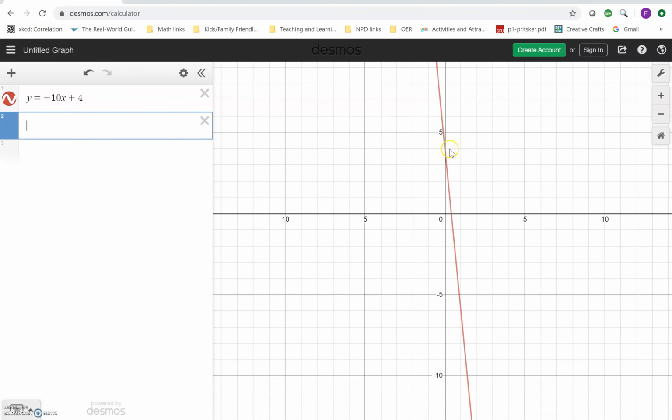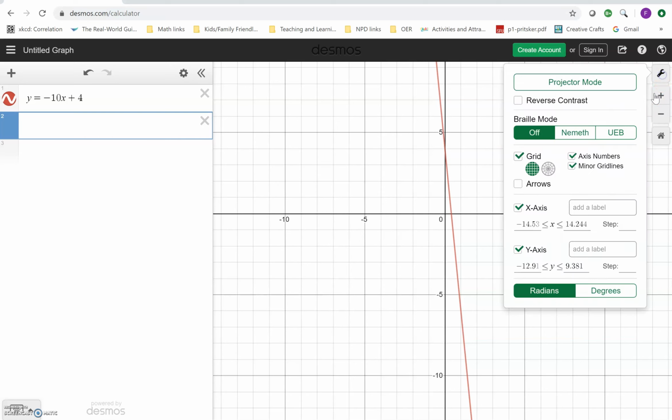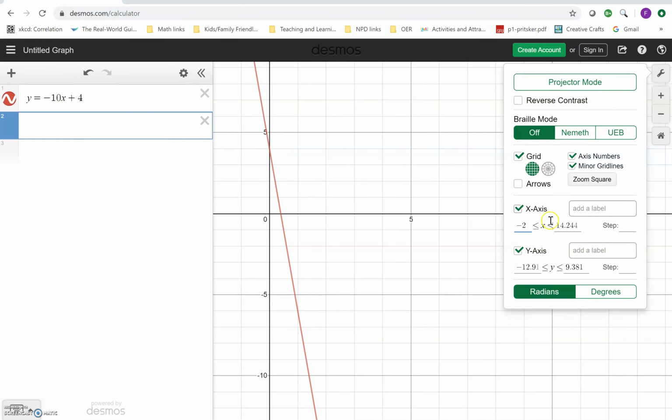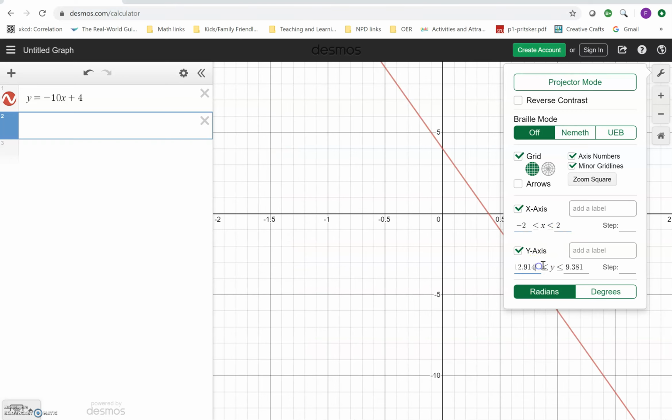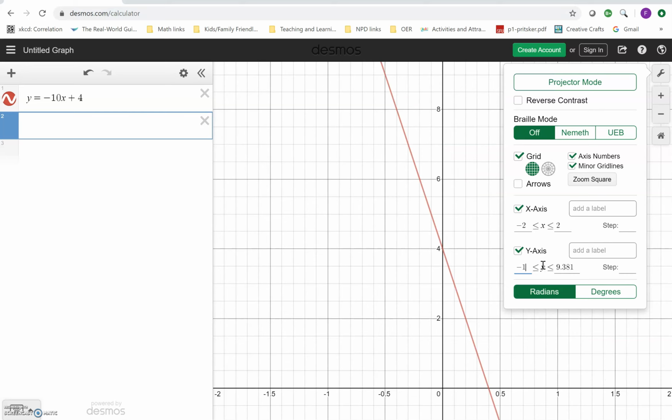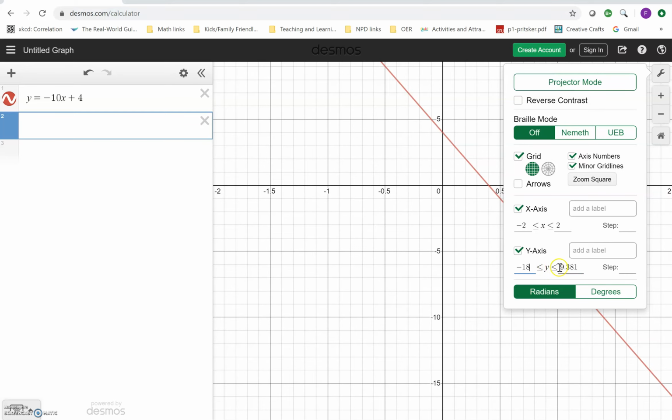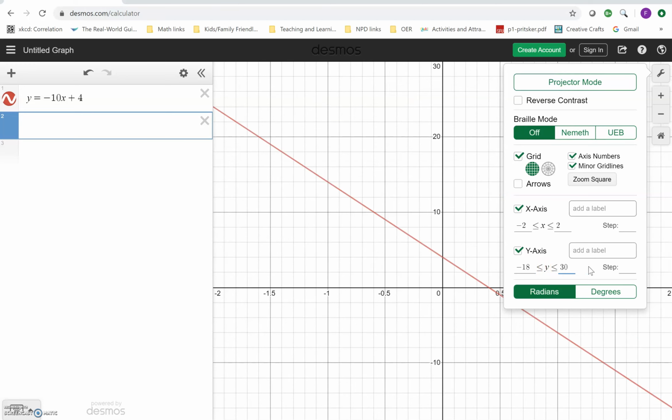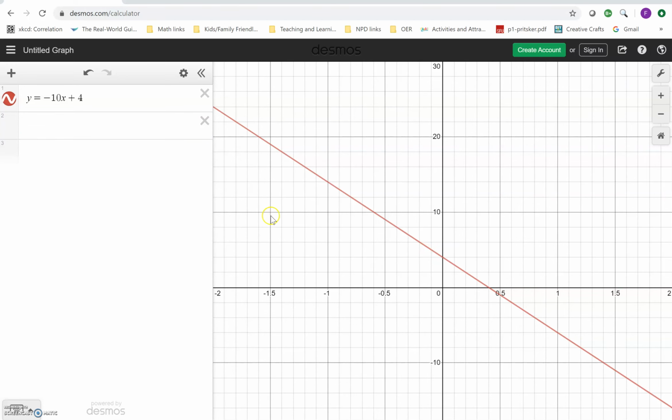Again, that might not immediately look like what we just graphed, but you can change the x-axis so that it goes from -2 to 2, and then the y-axis from about -18 up to 30, with a little bit of change. Again, we can see that it has all the same details that our original graph had.